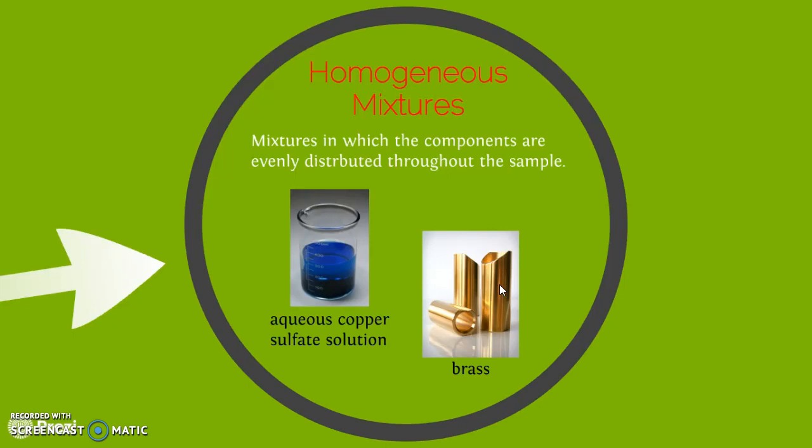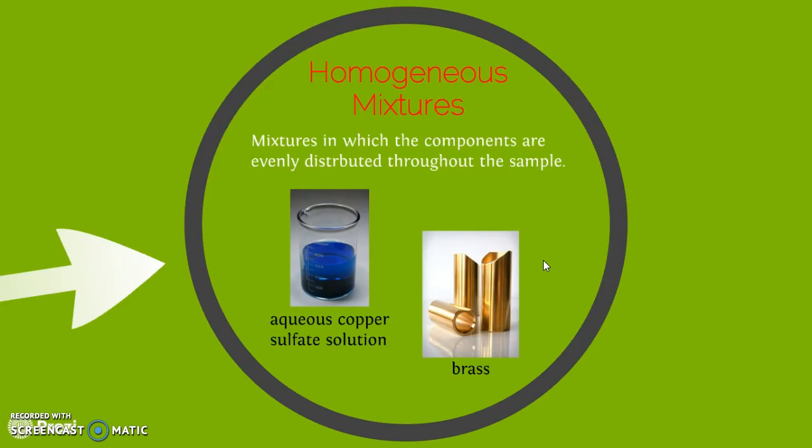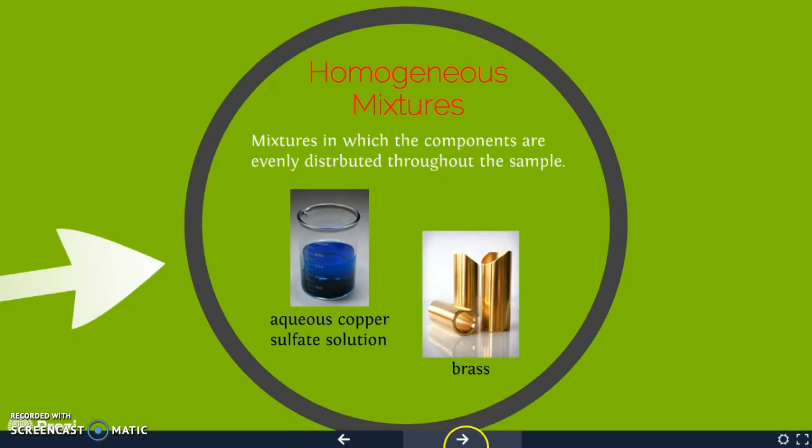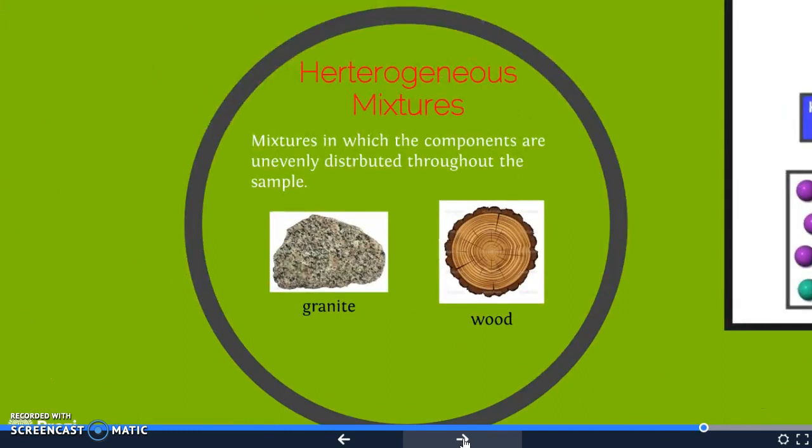The only reason that they are not a pure substance is because they are a combination of pure substances that have not lost their original properties. If you remember, homogeneous mixtures include solutions and colloids. The other kind of mixture is heterogeneous mixtures. That is where you have an uneven distribution.